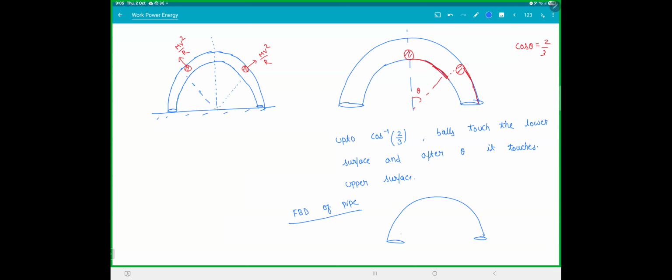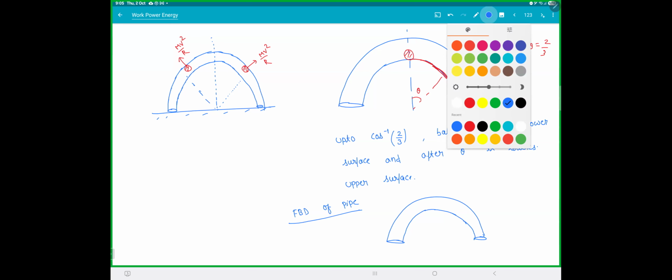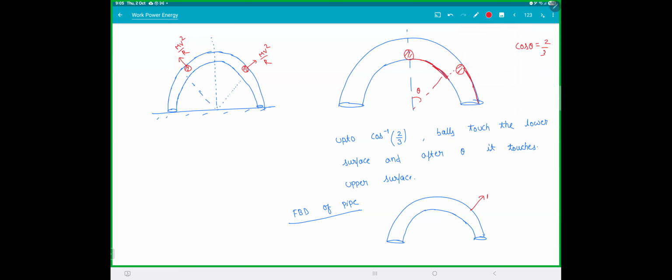At this point there'll be a normal reaction. At this point there'll be a normal reaction. And there'll be gravity mg acting downward. So the two N components are pushing this thing upward. That's why you lost contact with the ground.